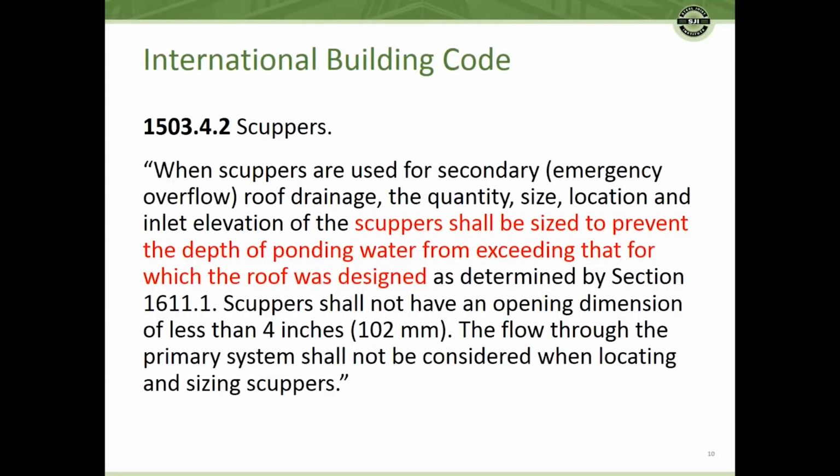IBC also says that scuppers can be used certainly for the secondary drainage. They must be sized to prevent the depth of ponding water from exceeding that for which the roof was designed. So certainly they're indicating that you have to design for ponded water. It also says scuppers shall not have an opening dimension less than 4 inches. Seems pretty small to me.